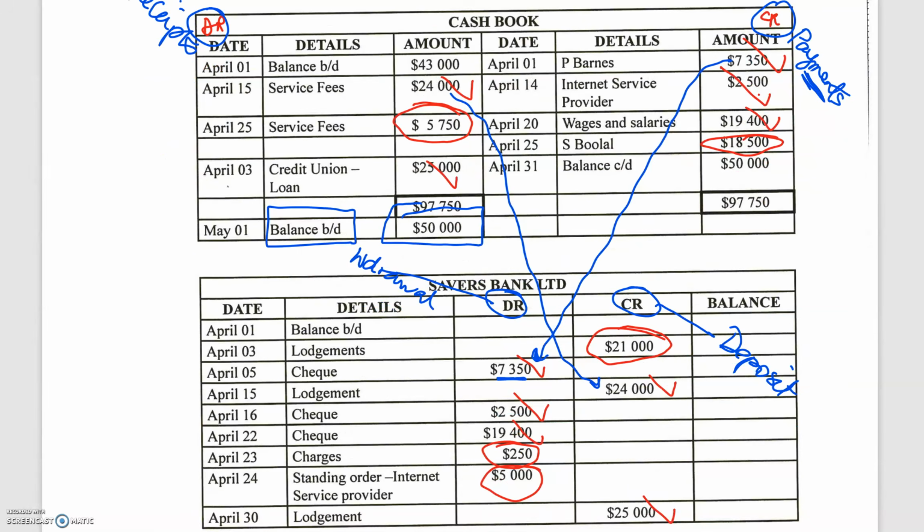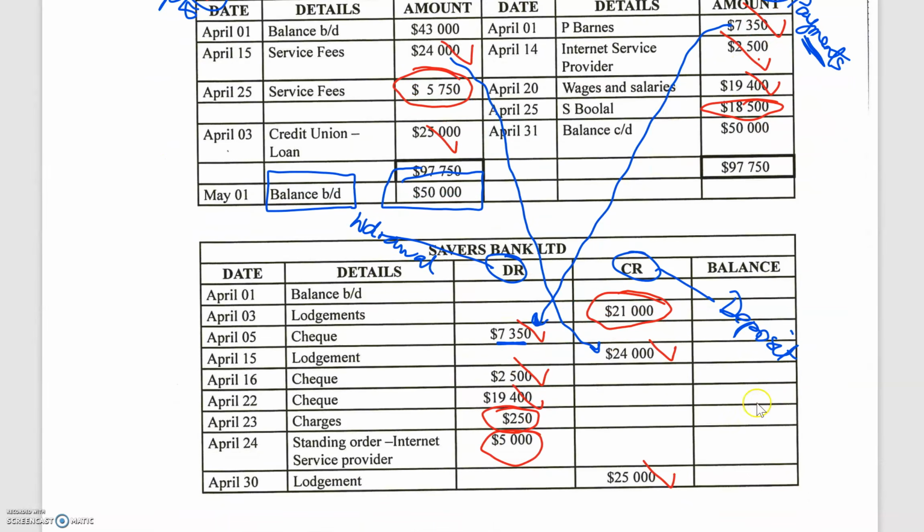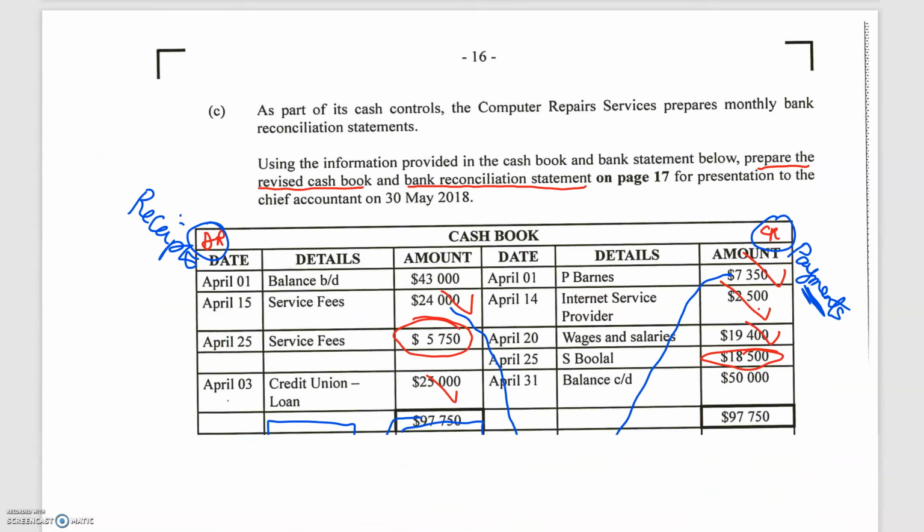If we examine the bank statement, we see that 3 entries were omitted from the cash book: $21,000, which is a credit or deposit, $250, which is a withdrawal or a payment, and $5,000, which is a withdrawal or a payment. So these debit entries would be entered in the credit column of the revised cash book, and this credit entry would be entered in the debit column of the revised cash book.